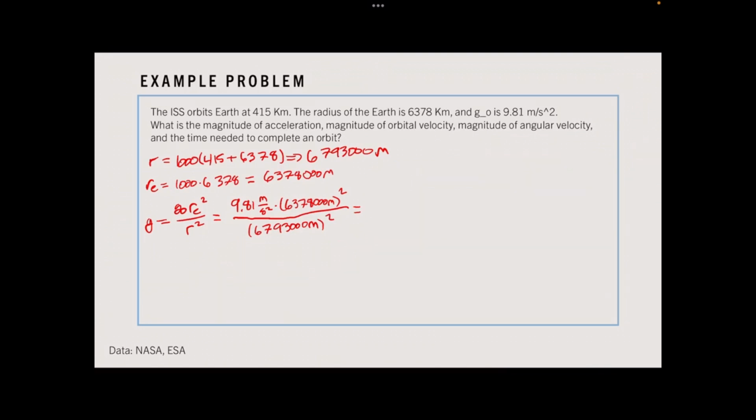Plugging this into my calculator, it's 9.81 times 6,378,000 squared, divided by 6,793,000 squared, which is going to equal 8.65 meters per second squared.